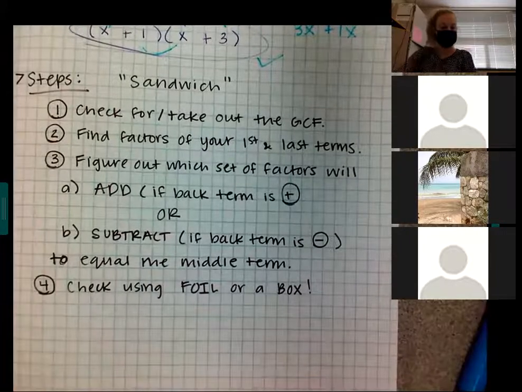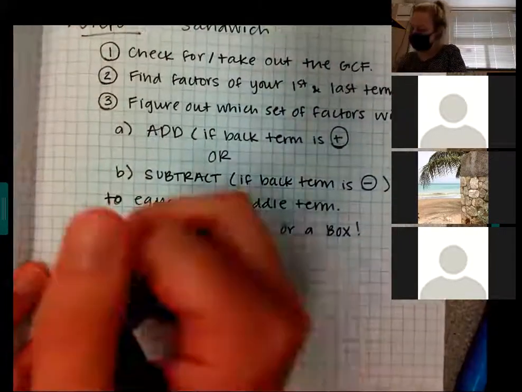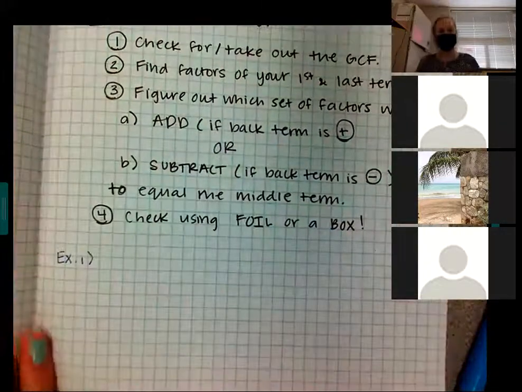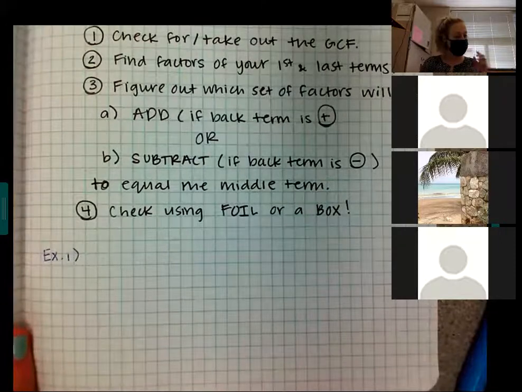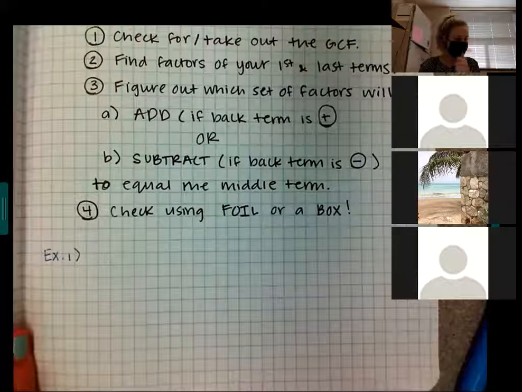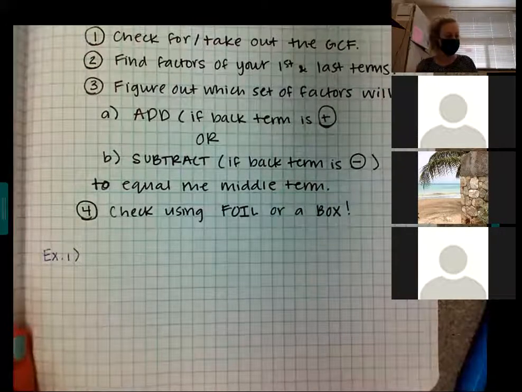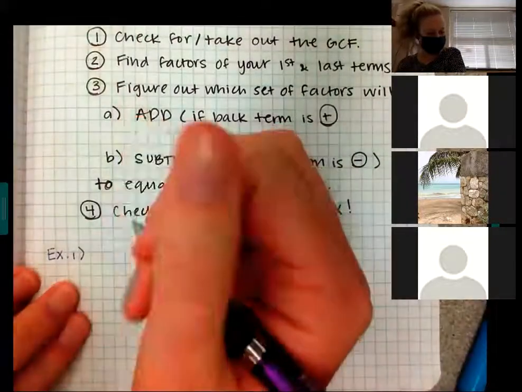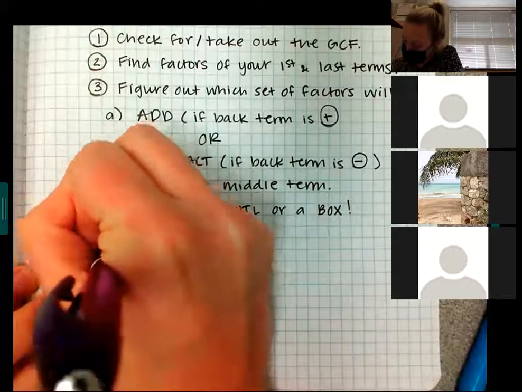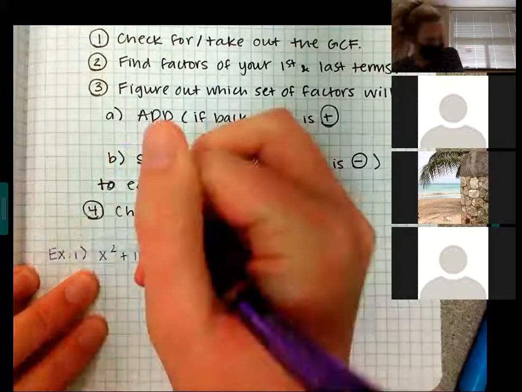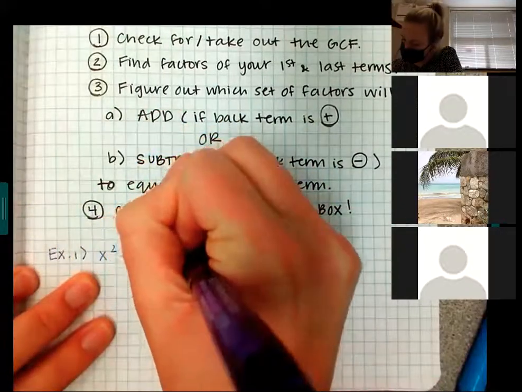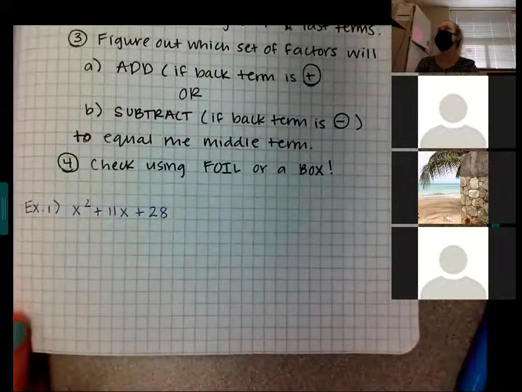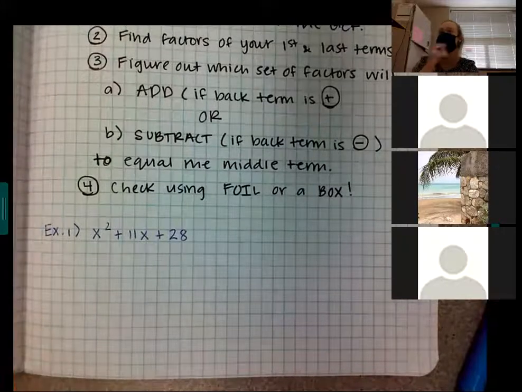All right, now what, honey? Example 1. Let's do. So I gave you a trinomial x squared plus 11x plus 28.